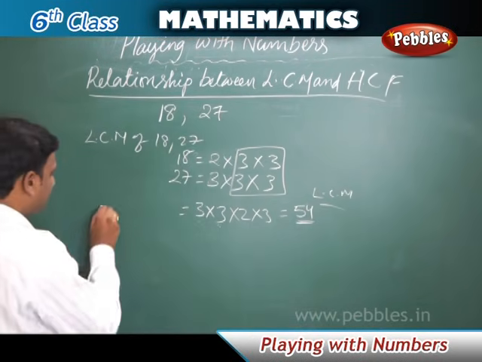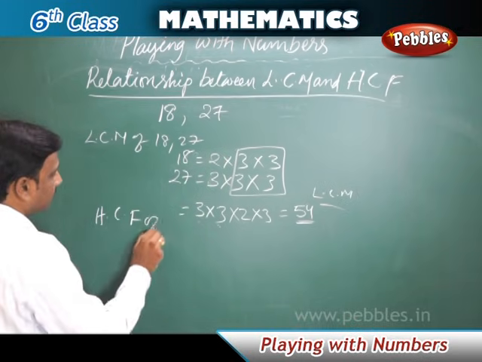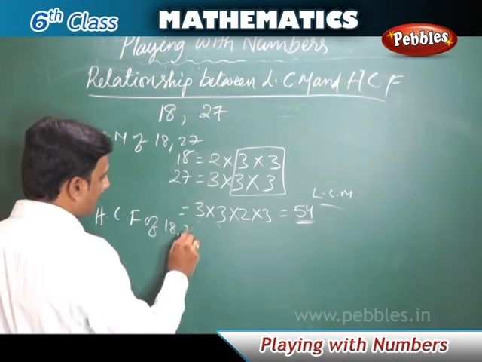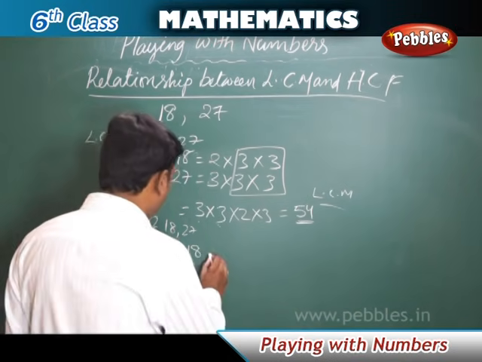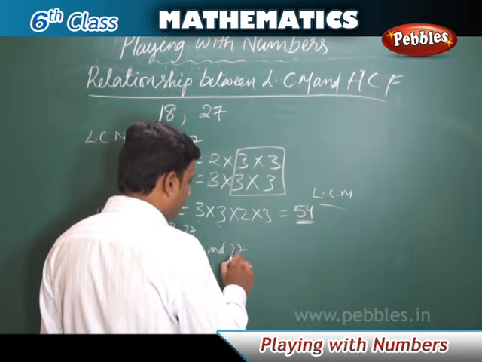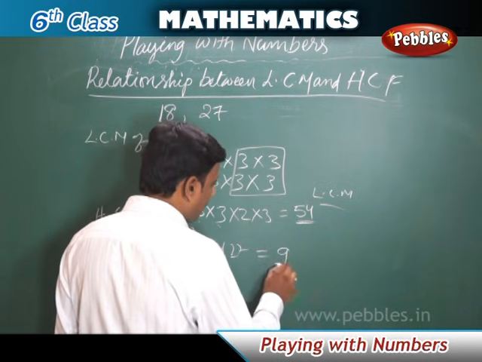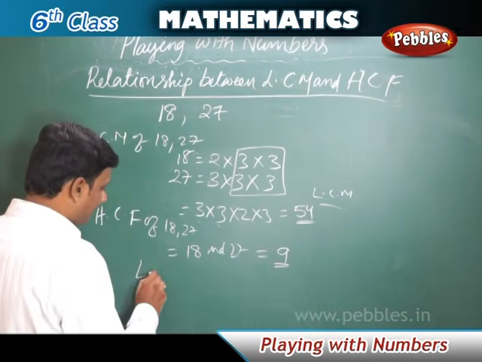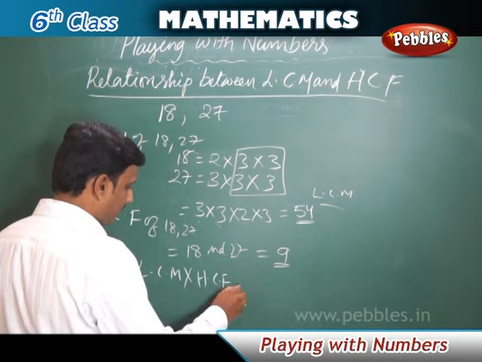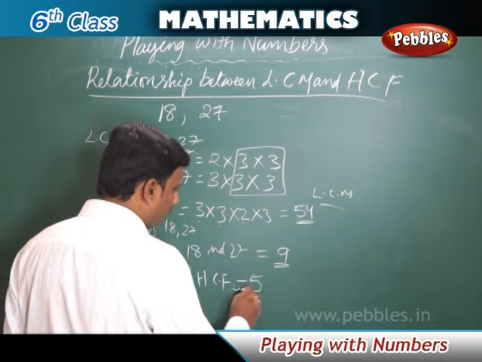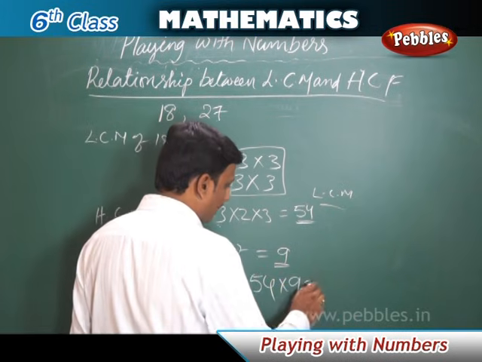Now let us see the HCF. HCF of 18 and 27 is 9. Now let us see LCM into HCF. LCM 54 into 9.